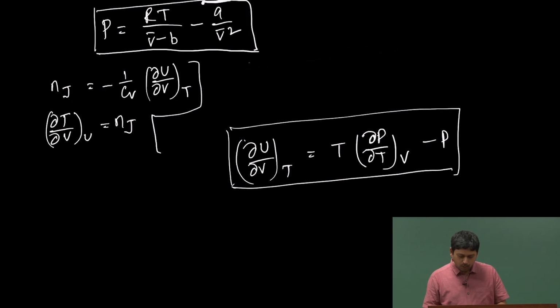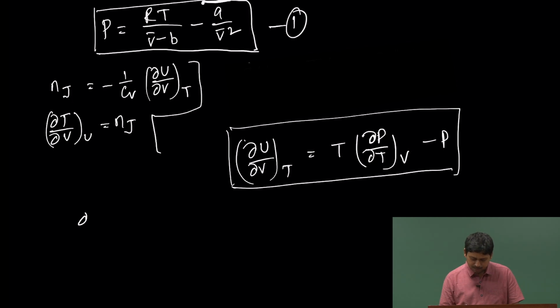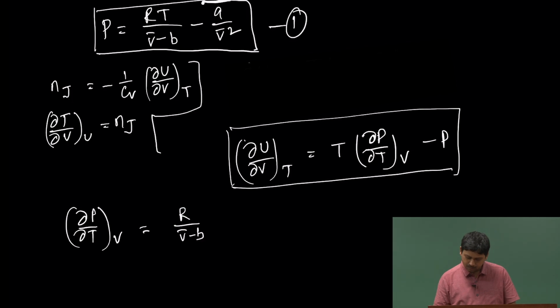So, now we know that ∂u/∂V at constant T can be expressed in terms of this relation, T (∂P/∂T)_V minus P, and we know from equation 1 how to calculate ∂P/∂T. Let us calculate that. (∂P/∂T)_V is the derivative of equation 1, which is R by V minus b.